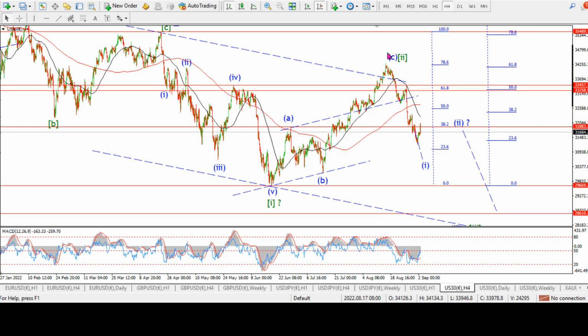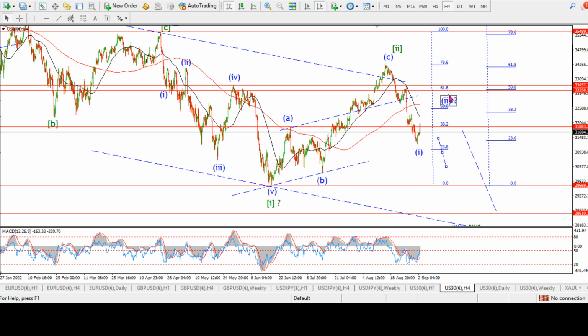Okay, the stock market. The last time I was talking to you, we were tracking the top of wave C here, and I was looking for a reversal lower. And hey presto, we got the top of wave C, and we got the reversal lower.